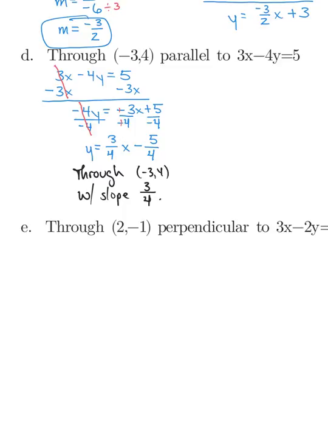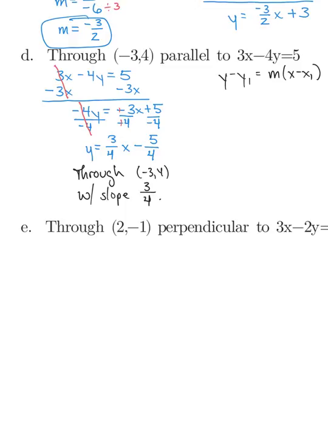So we're back to what we did on the previous slide. We have a slope, we have a point, and now we want to use our point-slope form. So we have y minus y1 equals m times x minus x1. So my slope is 3/4. I'm going to replace m with that. We're going to replace x1 with negative 3. We're going to replace y1 with 4.